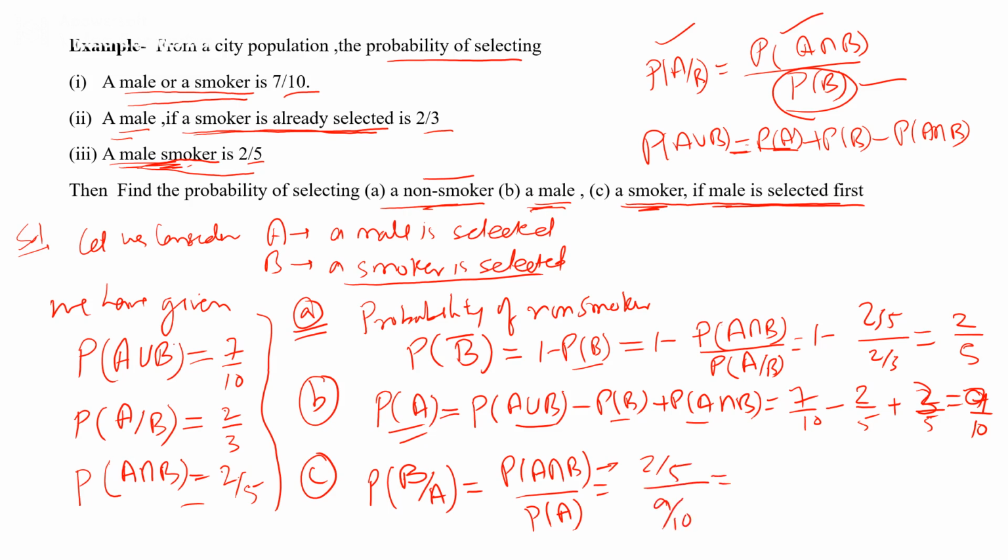So we get 2 by 5 into 10 by 9, that's 4 by 9.